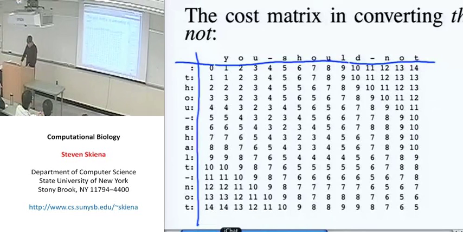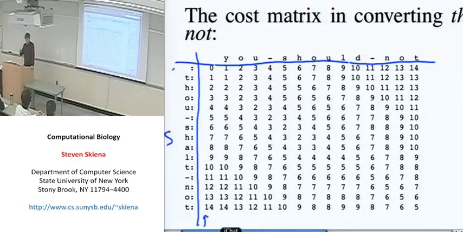Does everybody see why this column has the values it does? This is the cost of how many deletions it takes to delete the first i characters of the string S into the empty string, if T was the empty string. Any questions? And a similar phenomenon is along this way. This here is showing me how much it takes to turn the empty string into you should not.